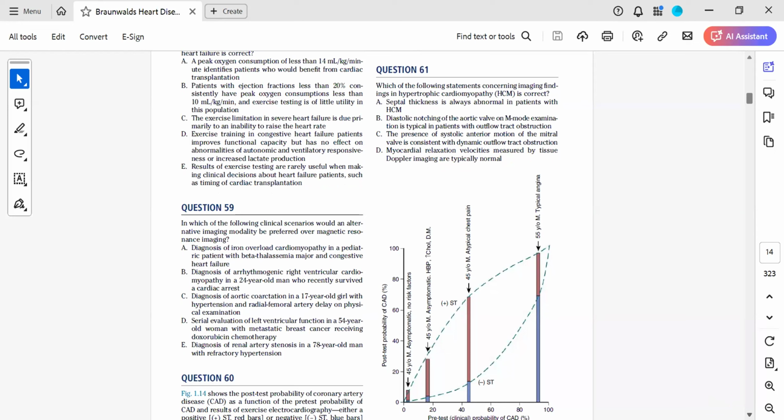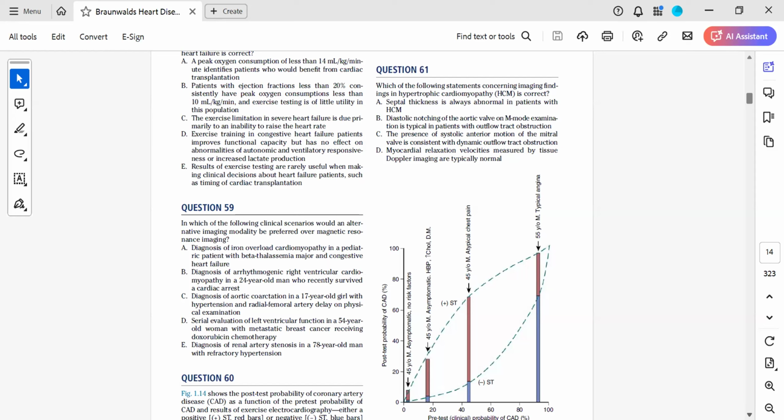C. The presence of systolic anterior motion of the mitral valve is consistent with dynamic outflow tract obstruction. D. Myocardial relaxation velocities measured by tissue Doppler imaging are typically normal. I don't know whether there is an E option. Okay, I think that's all.